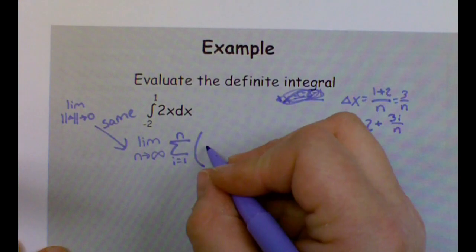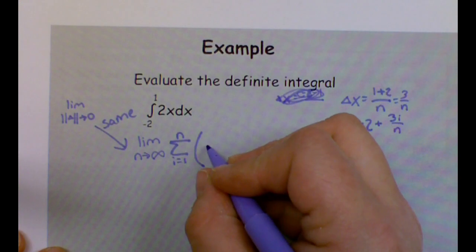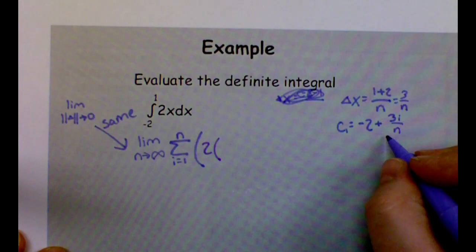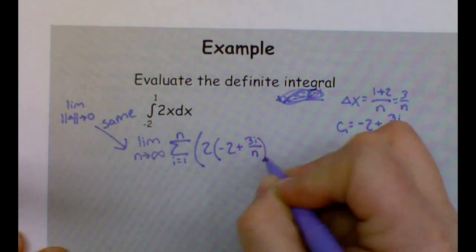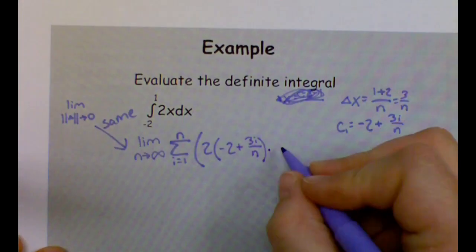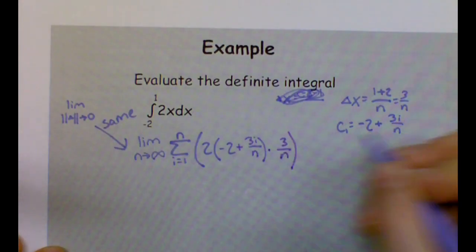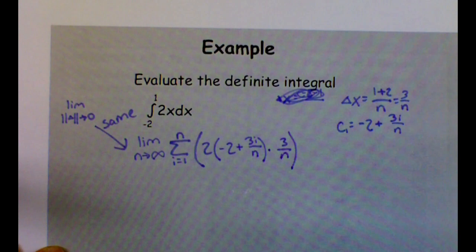So we are taking 2 times negative 2 plus 3i over n times 3 over n and finding that limit.